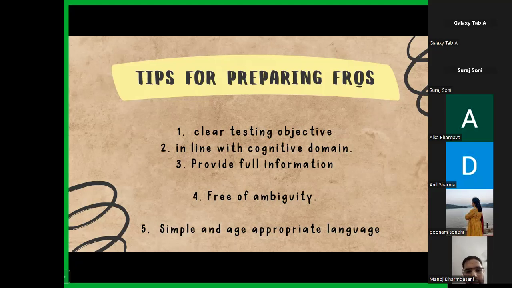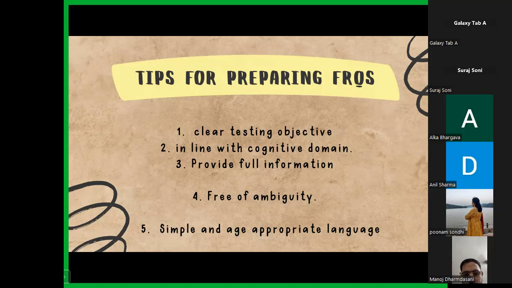So the first thing, when you start preparing a question, when you want to develop an item, please identify your testing objective. The moment you start identifying your testing objective, slowly you will notice that the way you frame your questions has changed.